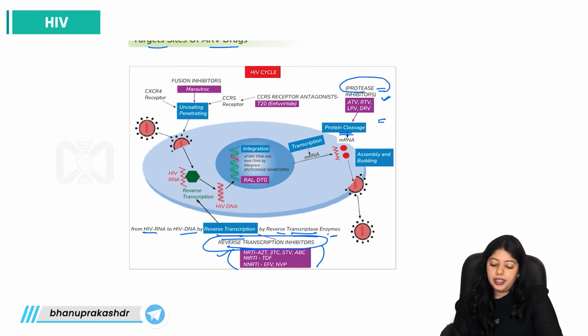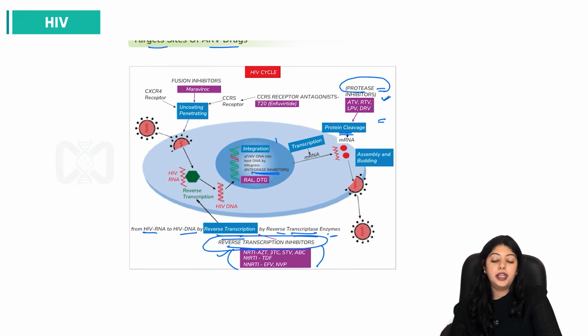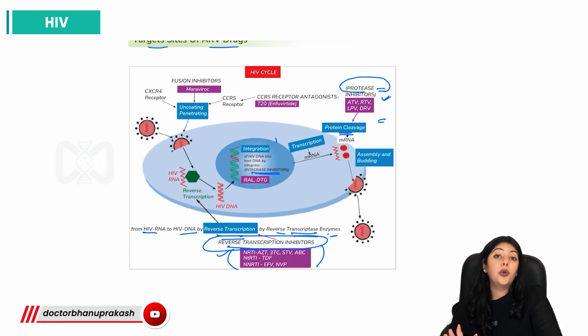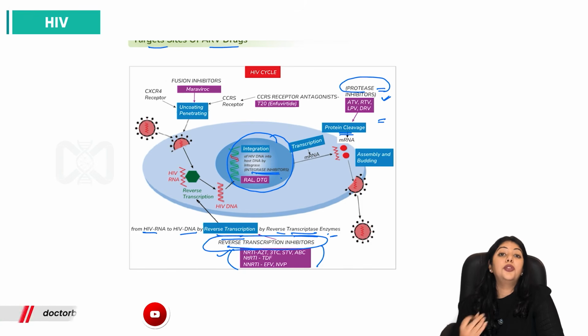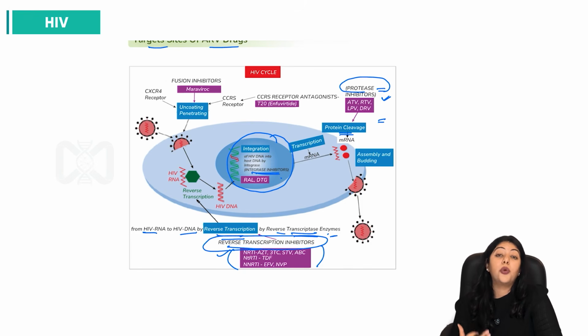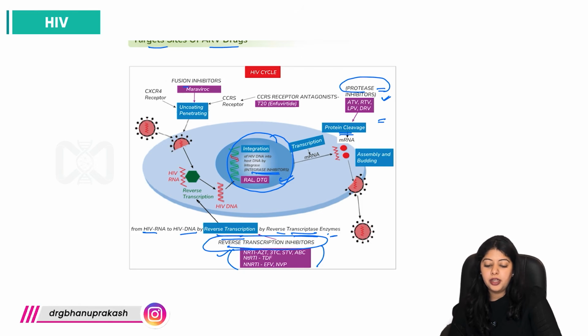Then come the integrase inhibitors, which do not allow the HIV DNA into the host cell DNA. So they prevent the integration of the viral DNA into the host cell DNA. That is the role of integrase inhibitors, right?